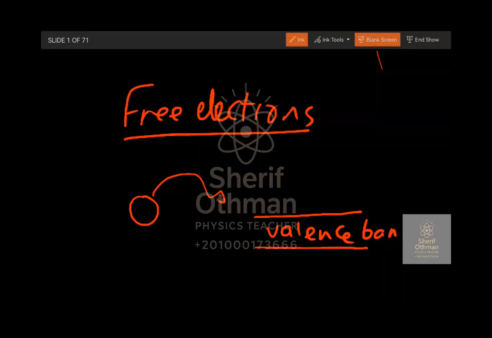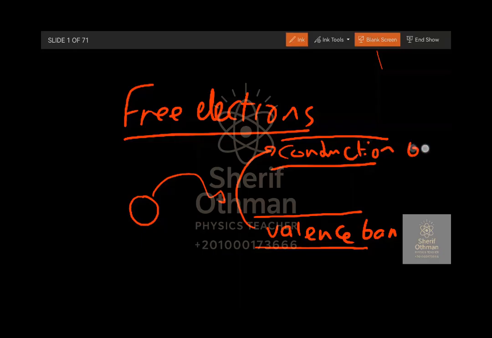After that, to make a conductivity, the electrons must be moved to something called conduction band. And from here the story began.